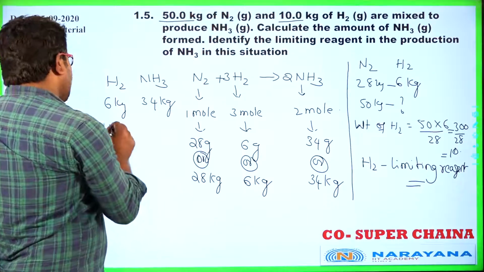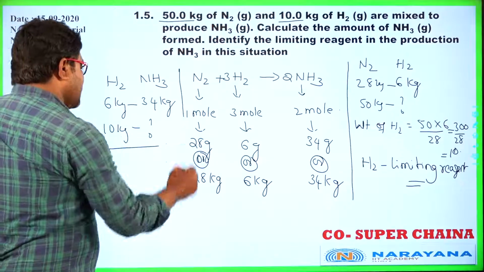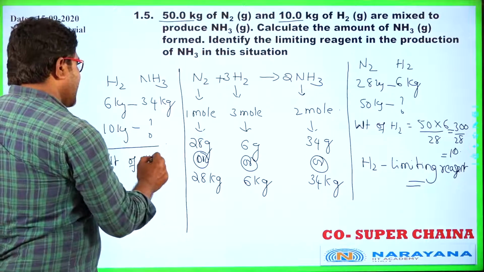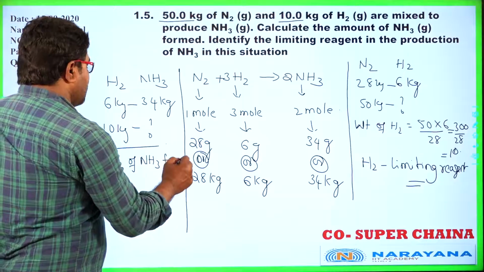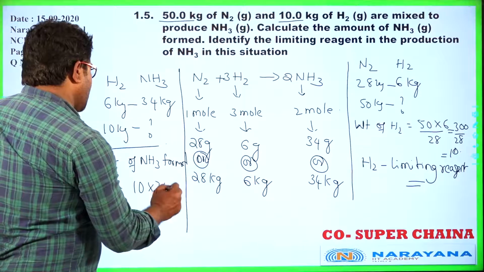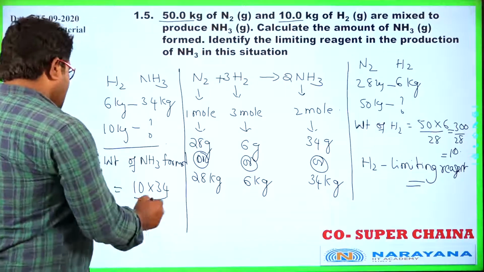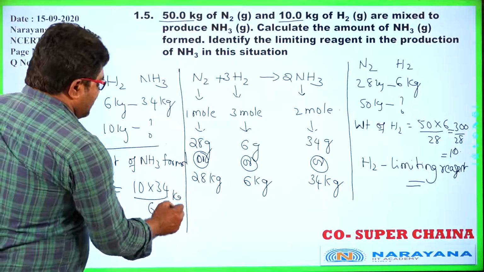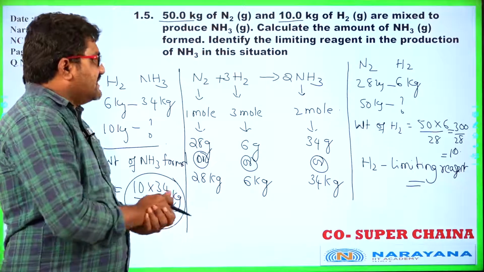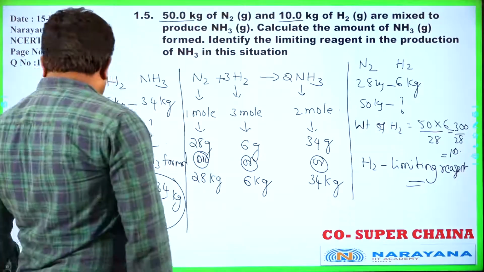Now, for 10 kg, how much is formed? The weight of NH3 formed is equal to 10 into 34 divided by 6 kg. So this much ammonia is formed. What is the limiting reagent here? Hydrogen.